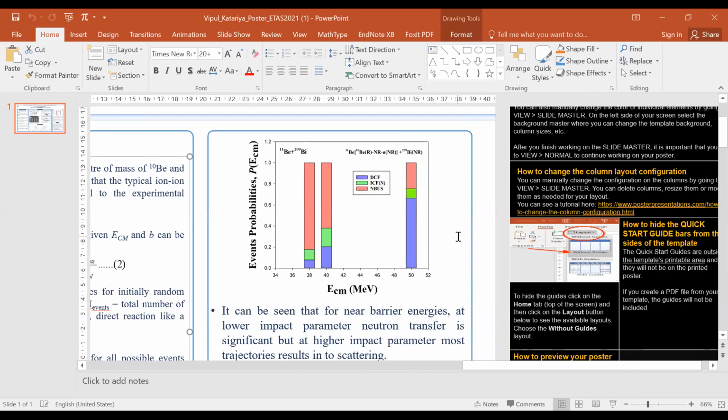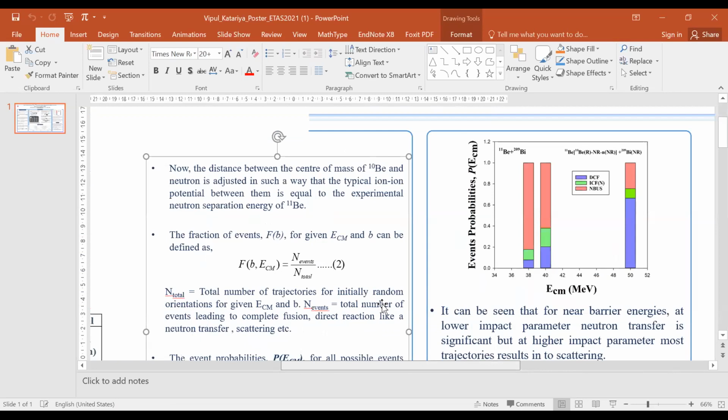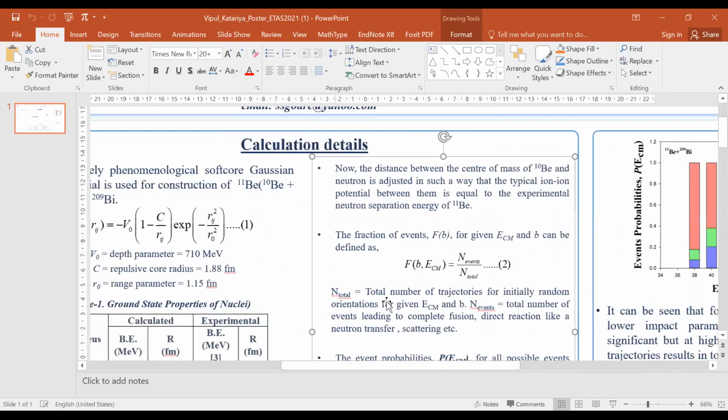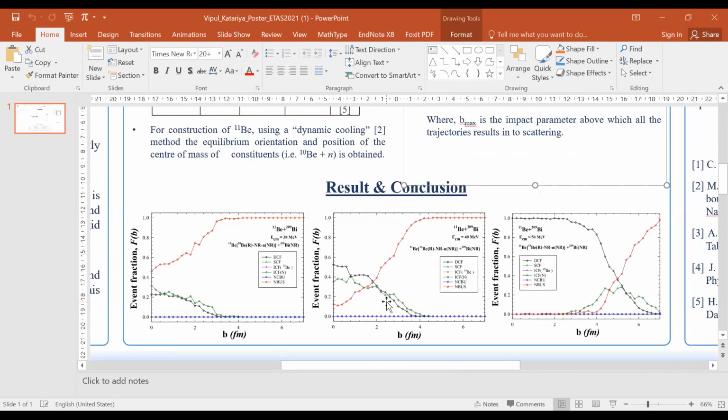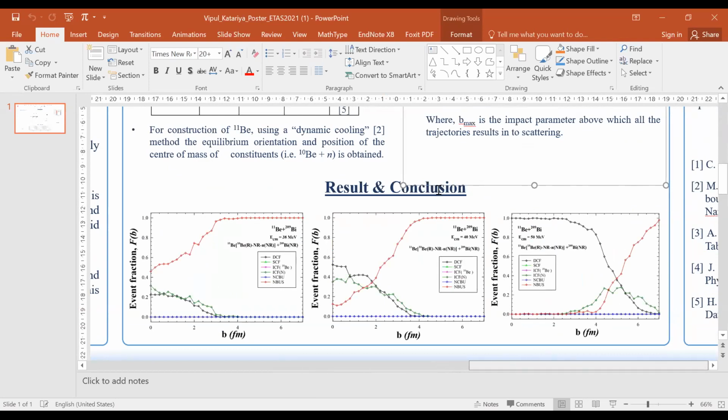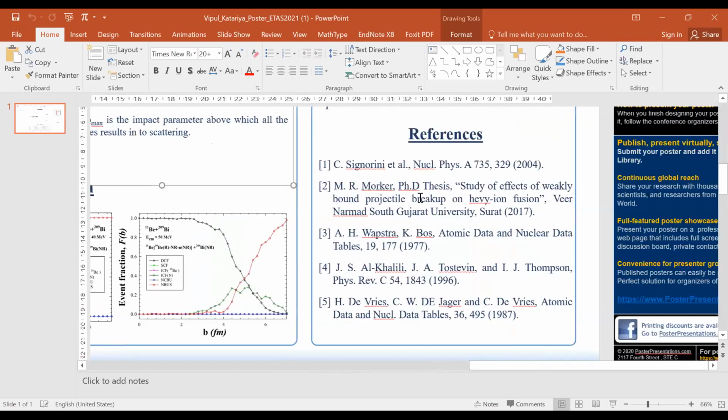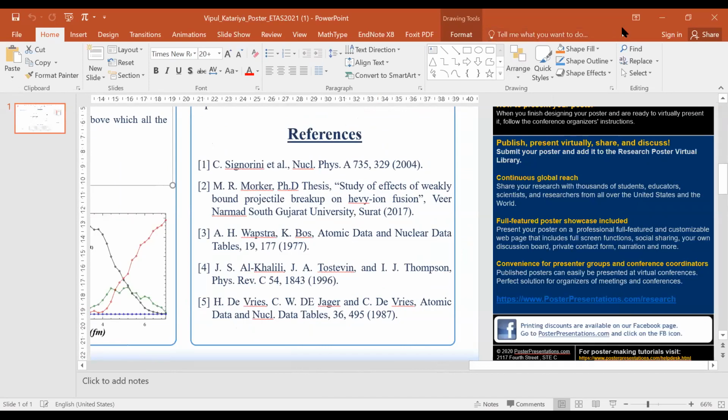So here we can see that as we increase the incident energy, the scattering probability decreases as well as the direct complete fusion increases. But we can see how the neutron transfer depends on the impact parameter with which the projectile approaches the target. And these are the list of references which we have used for this poster. Thank you.